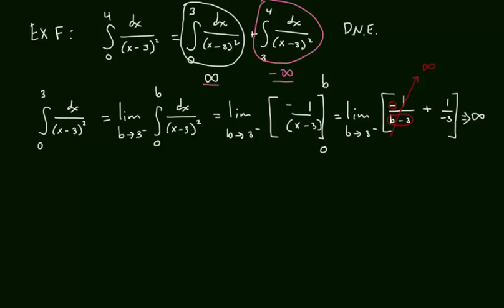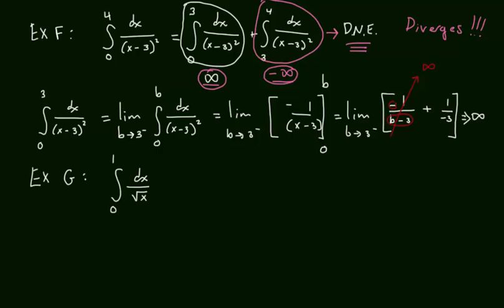This is undefined in the positive direction. This is undefined in the negative direction. The result of that is not 0. The minute that one of them does not exist, the entire thing does not exist. So the answer to this question would be diverges. I'll put 3.